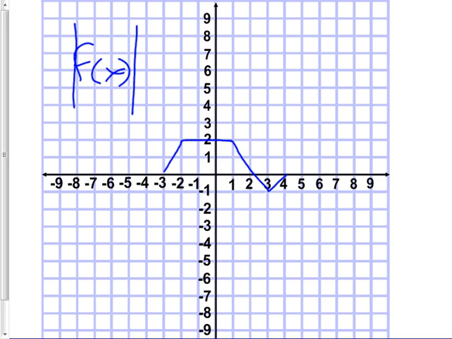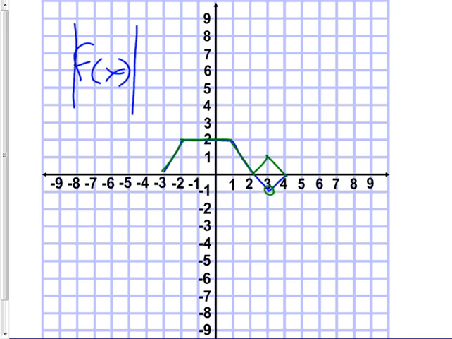Okay, if you're absolute valuing this one, you are absolute valuing the y's, which means all the positive y's, the things that have a y that is positive, would all stay the same. Things that have negative, like this, that's a -1, changes to +1. So there's your answer. Any questions on that one?